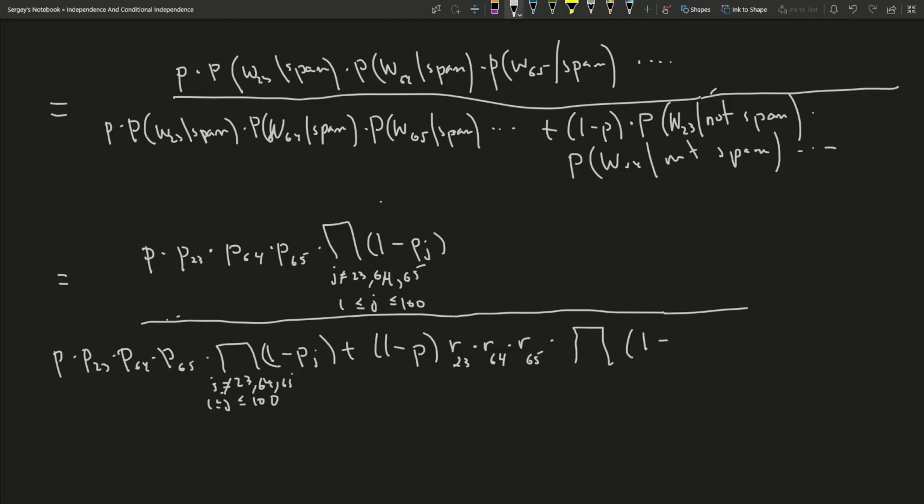So not being in the email, 1 minus r sub j for all the j from 1 to 100, and again, such that j does not equal 23, 64, or 65. And we have our answer now in terms of the desired terms, in terms of p, and in terms of these conditional probabilities given that the email is spam, and the conditional probabilities given that the email is not spam.